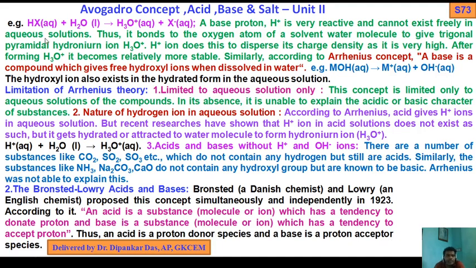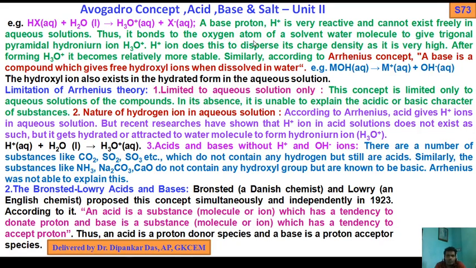As an example, HX, where X means halogen: HX aqueous plus water liquid gives H3O plus aqueous plus X minus aqueous. The proton, H plus, is very reactive and cannot exist freely in aqueous solutions. Rather, it exists as a hydronium ion, H3O plus.